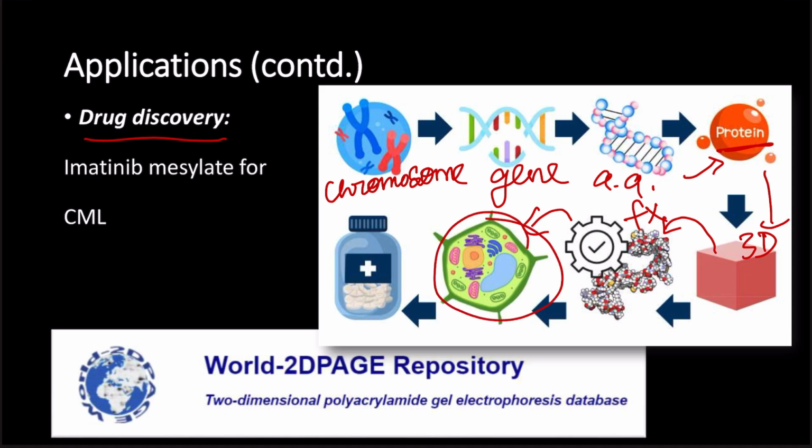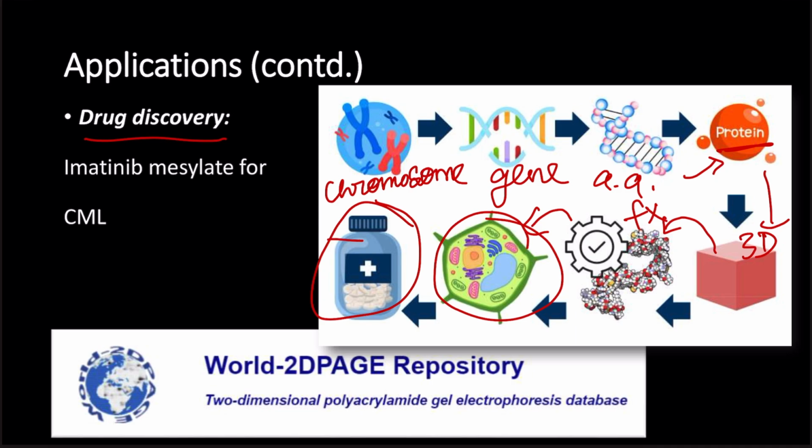And when these life processes are understood, we can actually devise several drugs which can act on them. So if we know the normal process, and if we know the pathological process which is occurring in a disease condition, then we can give a drug in such a way that it alters the pathological process.